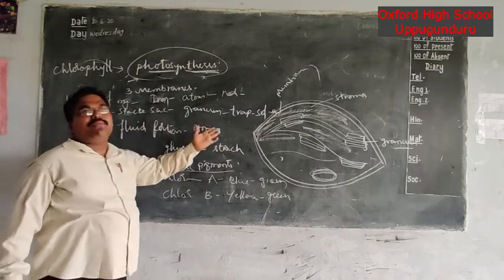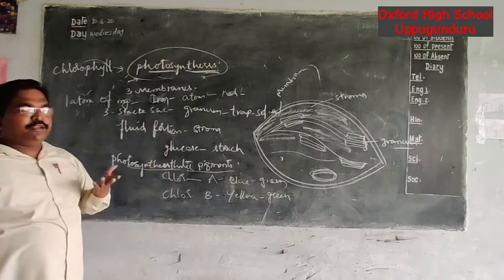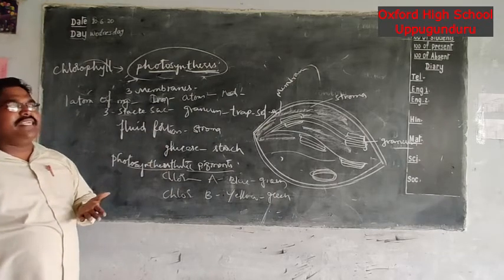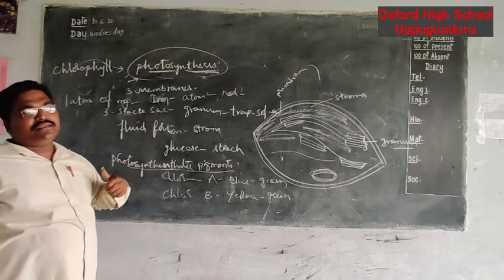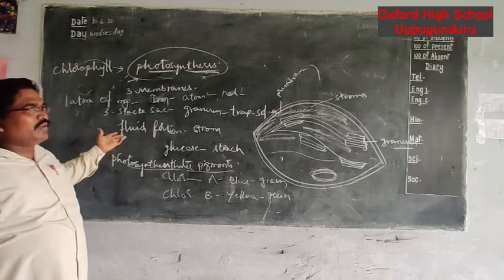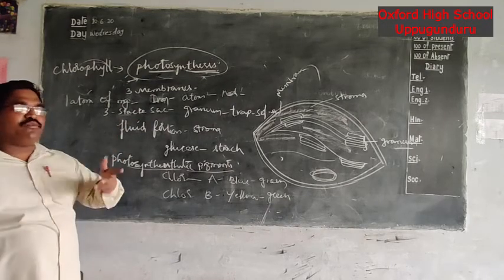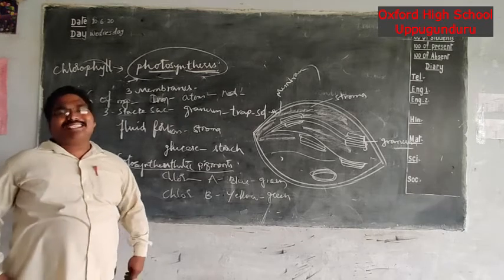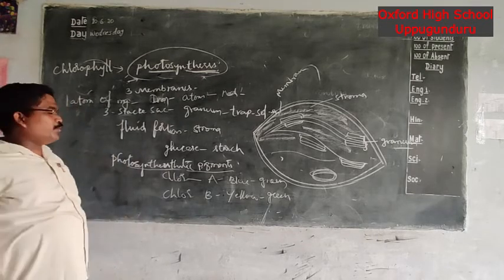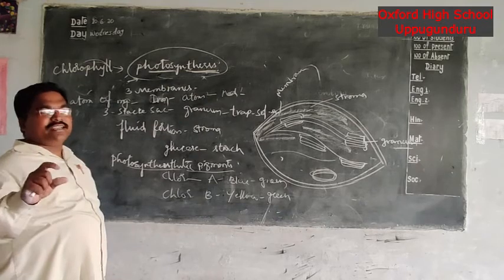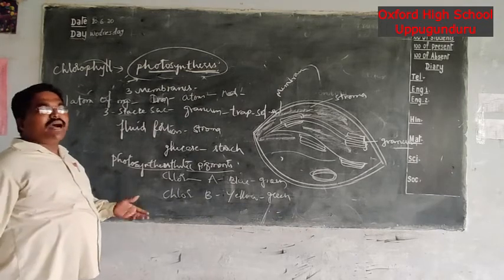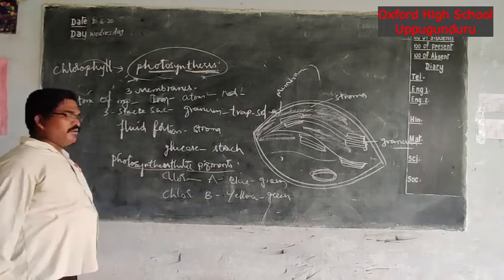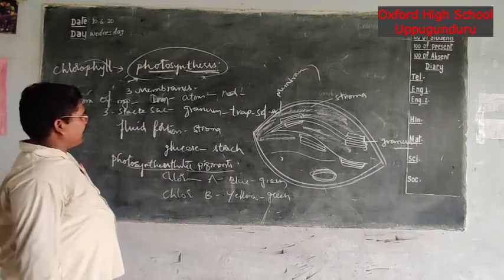It is similar to the heme of hemoglobin. Hemoglobin, a red pigment which contains one atom of iron, is responsible for transportation of gases in our blood, especially combining with oxygen. We will discuss it in the next classes.